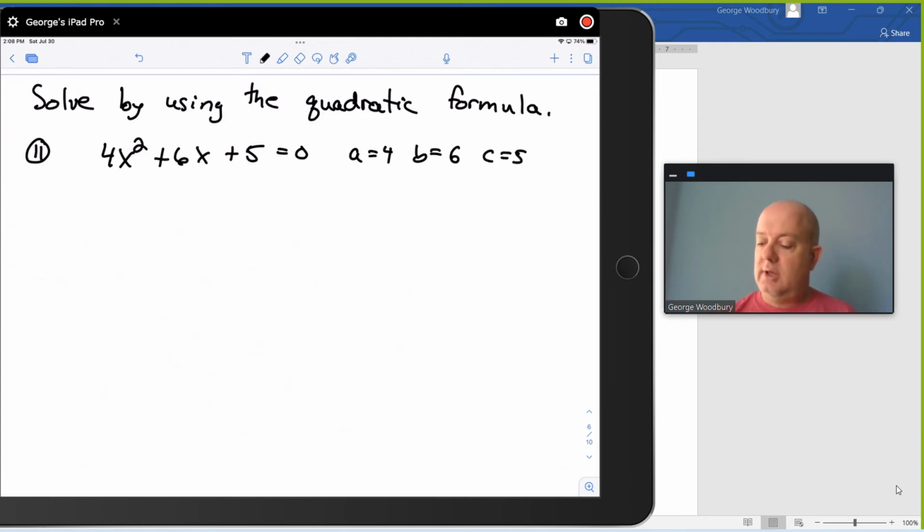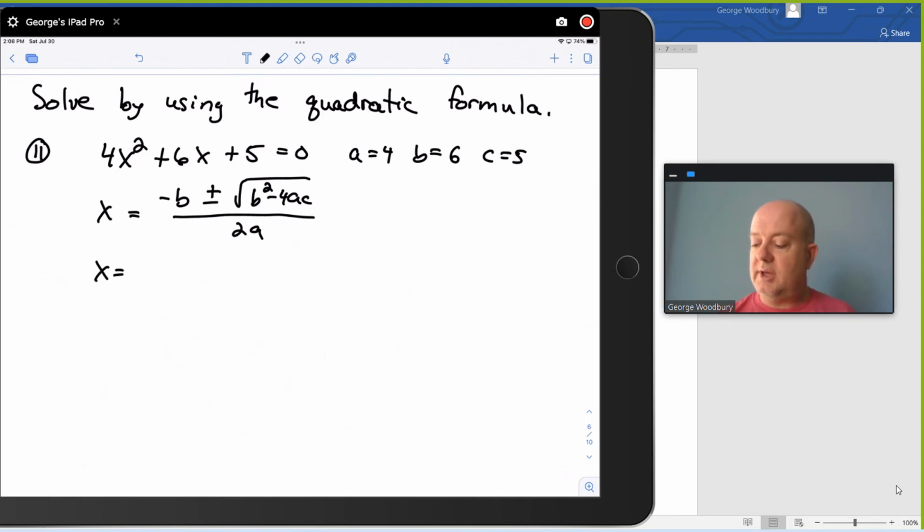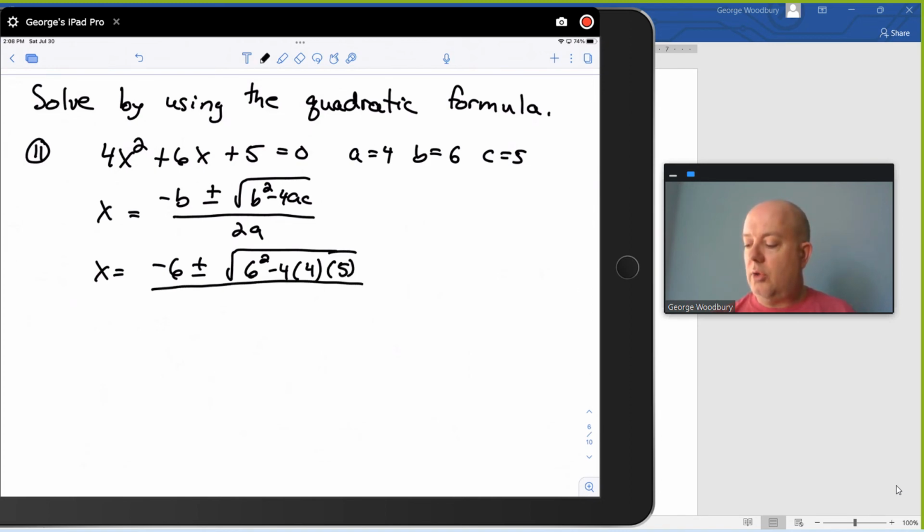I'm going to write down the formula again. x equals the opposite of b plus or minus square root of b squared minus 4ac all over 2a. x equals the opposite of b, which is negative 6, plus or minus square root of 6 squared minus 4 times a, which was 4, times c, which was 5, all over 2 times a, or 2 times 4.